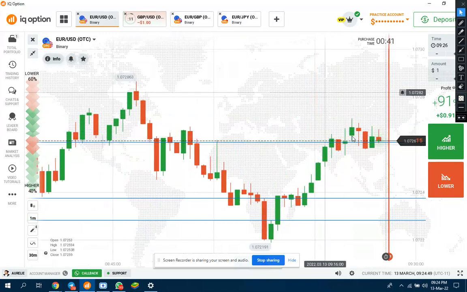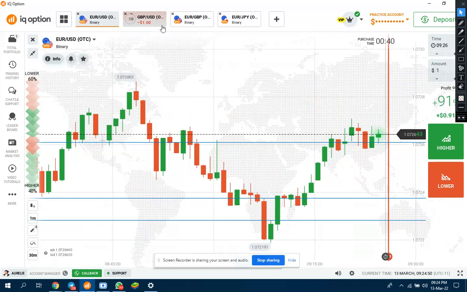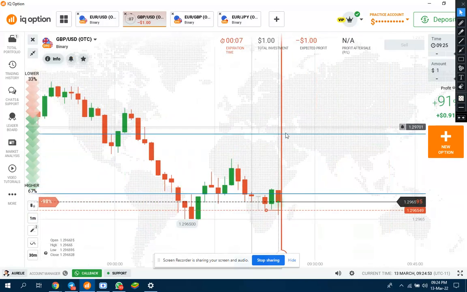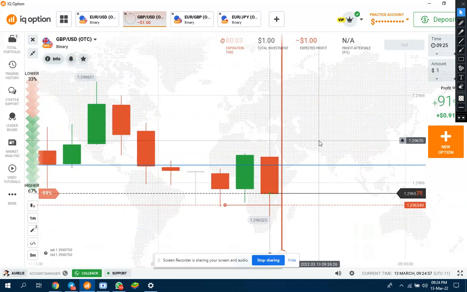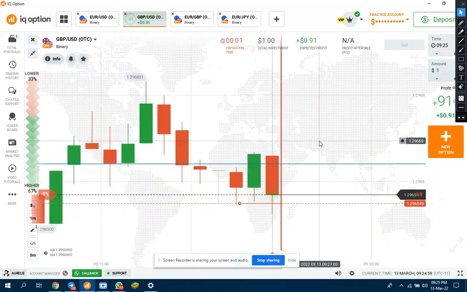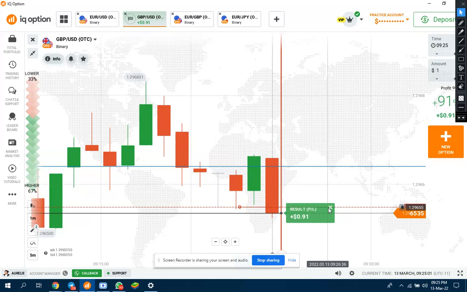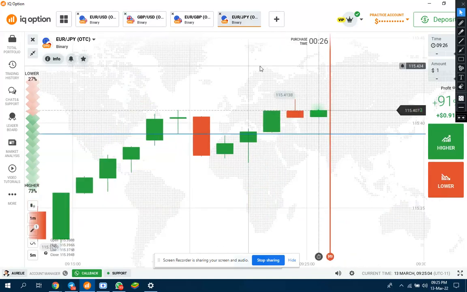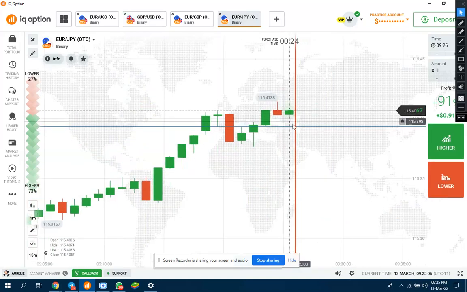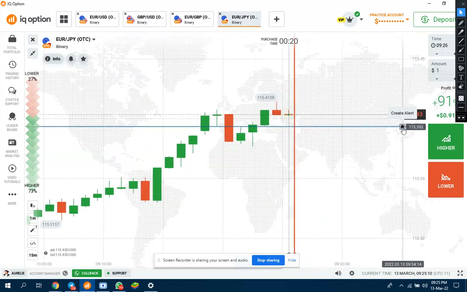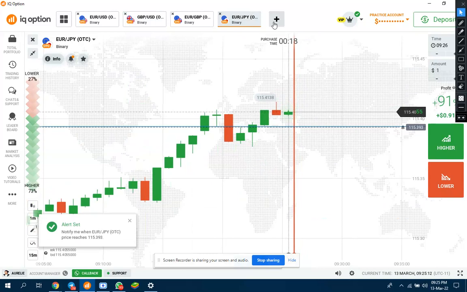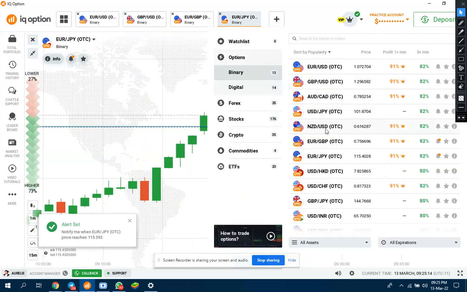So you see what happened here? Because of the gap, the market is consolidating at the level at the entry point. Well, that was okay. Here we expect the price to drop to this level. Then you enter a 5 minute expiry time trade.